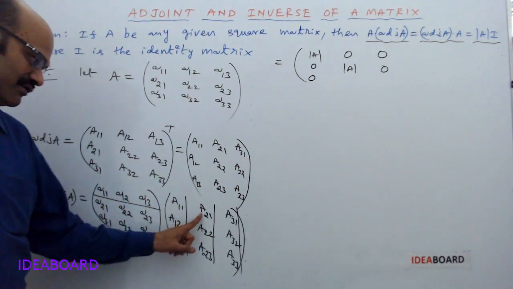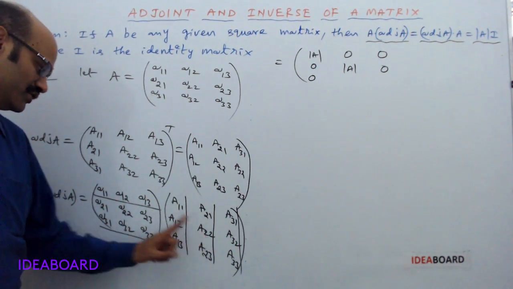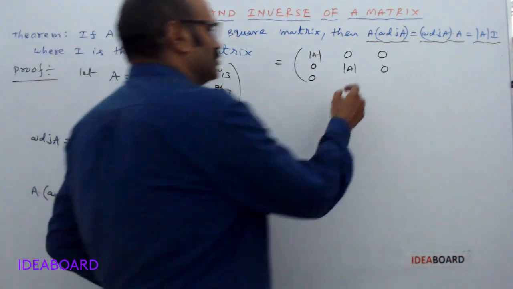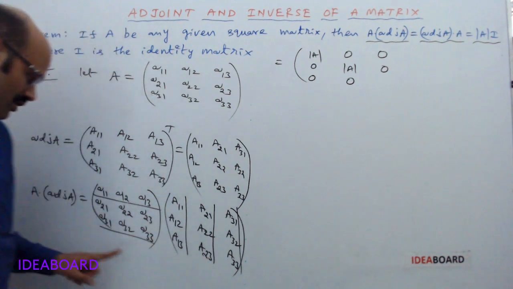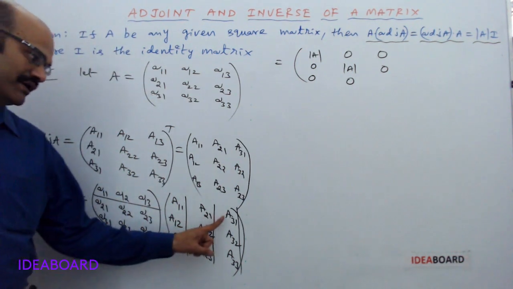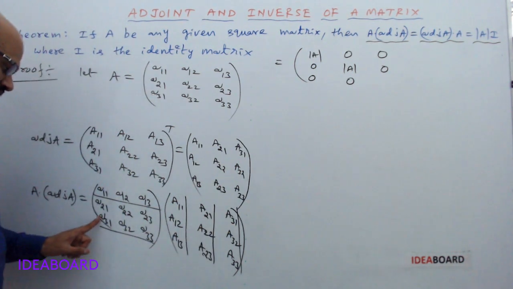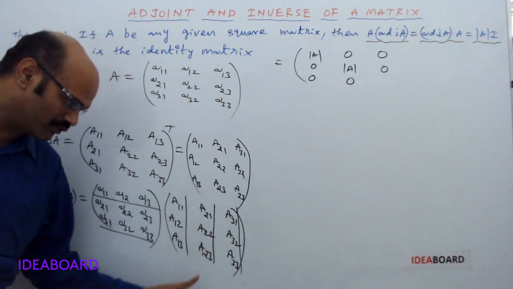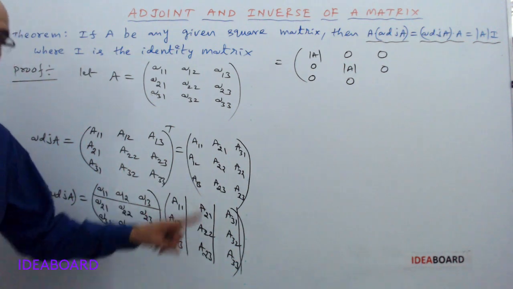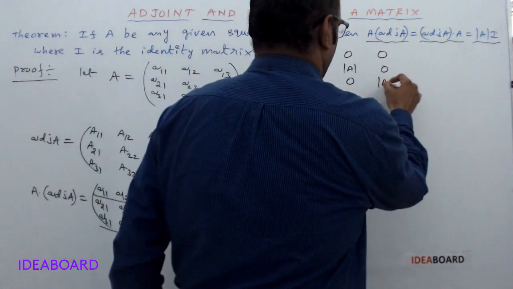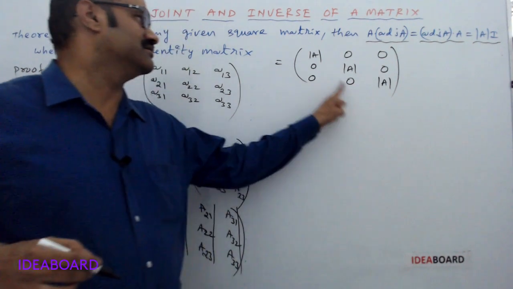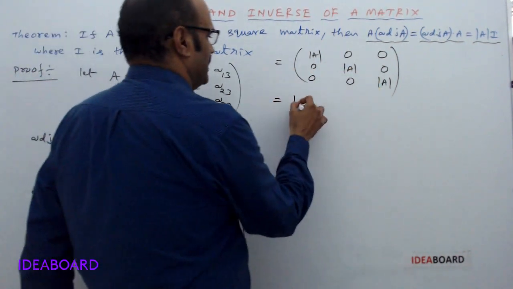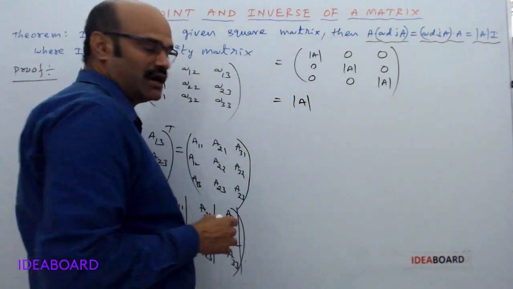Similarly, a31 into A21 plus a32 into A22 plus a33 into A23 is equal to 0. Now, a31 into capital A31, the cofactor of a31 is A31. If you multiply with the corresponding cofactors and add, we get det A. Otherwise, we get 0. Then we can take det A common.